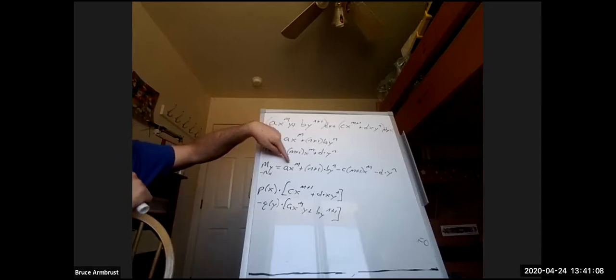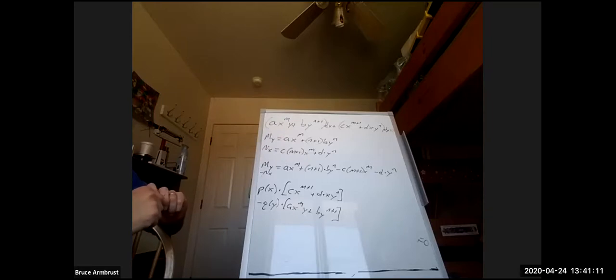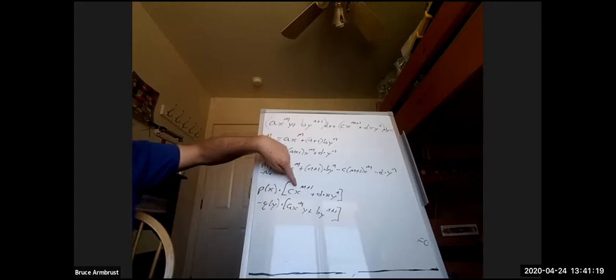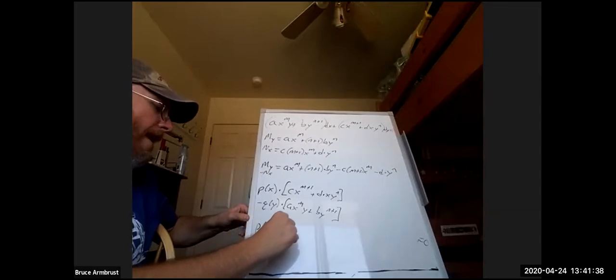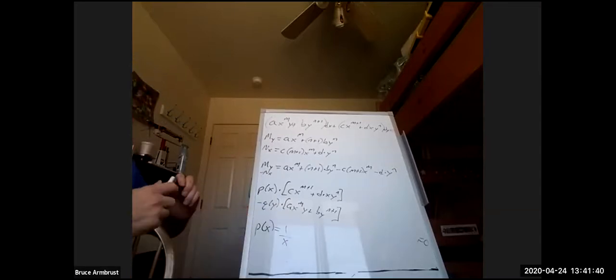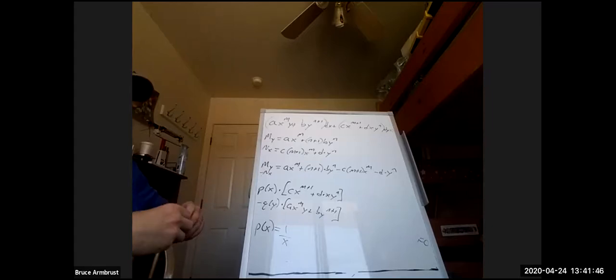Notice that all we get here is x to the m, which means if you look at our resulting pieces, this x to the m plus 1 can only be x to the m. How am I going to change that from an m plus 1 power to an m power? Divide by x. Yep, I need to divide by x. So that tells me that p of x is going to have in it 1 over x. Again, it could be some multiple of it or whatever, but it's going to have to be at least 1 over x.